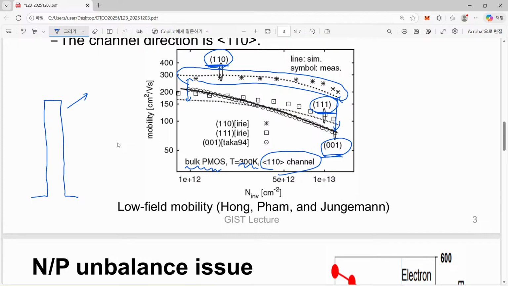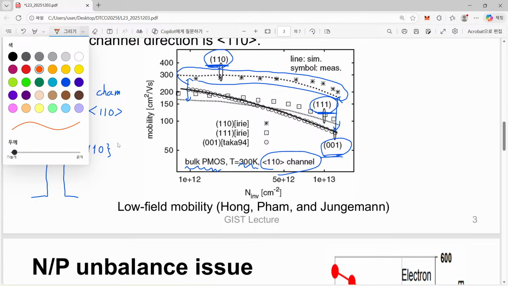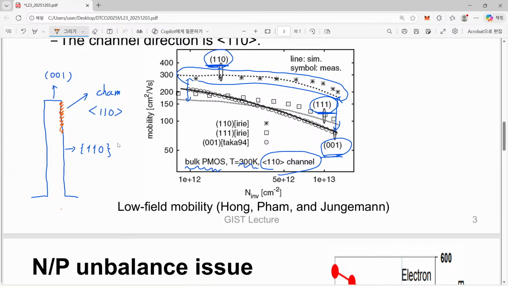This one is the channel direction, which is 110, and this direction is 001, and that direction, I don't know exactly what it's called, but it is in the family of 110 surfaces. That's the reason why, if we use FinFET technology, due to its tall height, you can see that the dominant side is not this 001 surface but this 110 surface, and we obtained quite a high increase of p MOSFET performance.